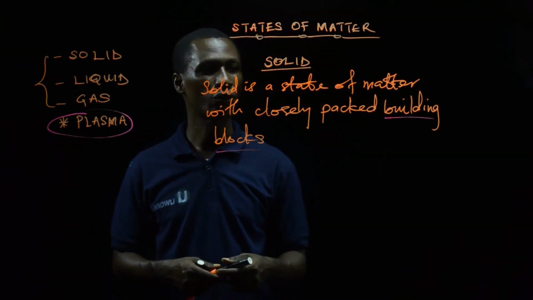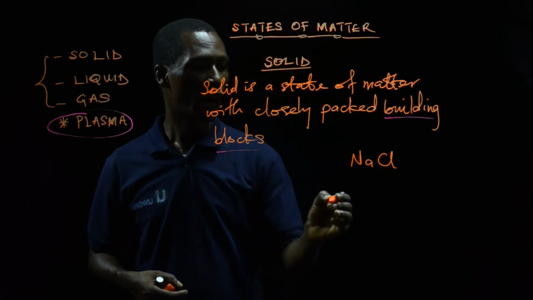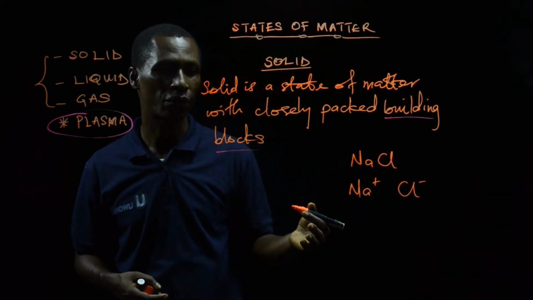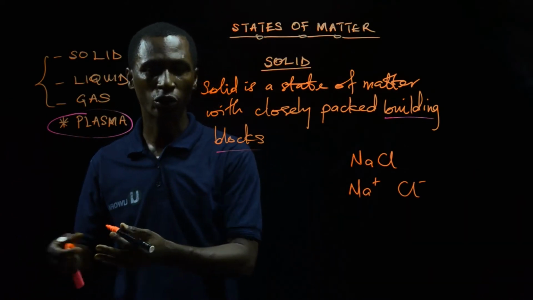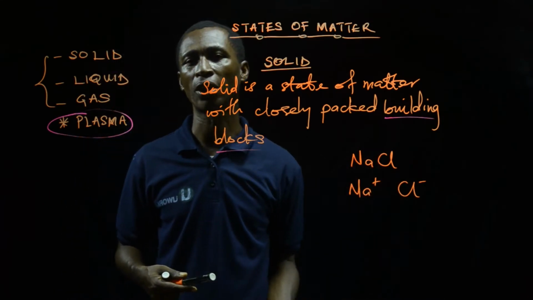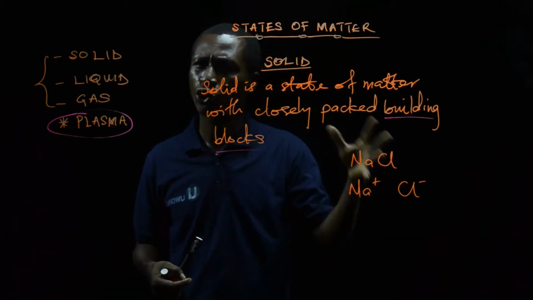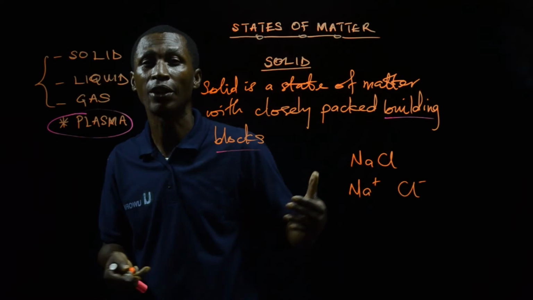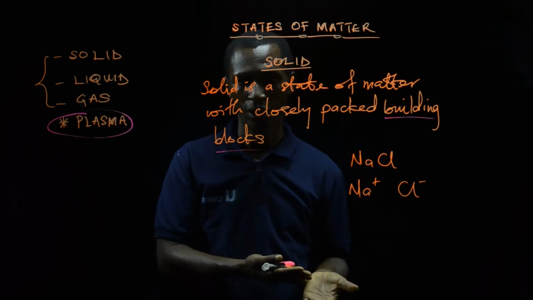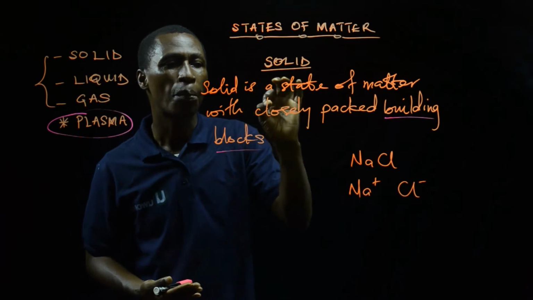For instance, we talk of sodium chloride, NaCl. We have sodium ion and chlorine ion. So it's also a different type of solid. The common salt we use in our houses. We talk of also the molecular, like sugar, is also molecular solid. So with this, you can see that we've got different types of solid. And also got the allotrope forms like that of diamond. So they are also in a different category of solid. So basically, we say solid is a state of matter with closely packed building blocks.